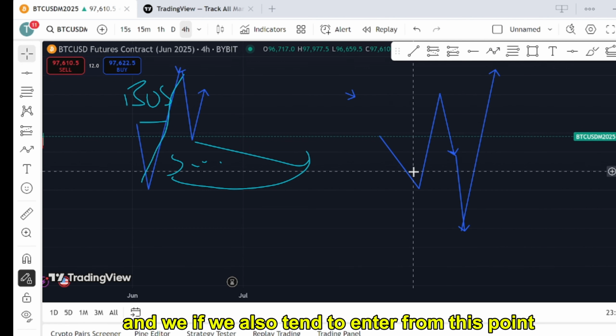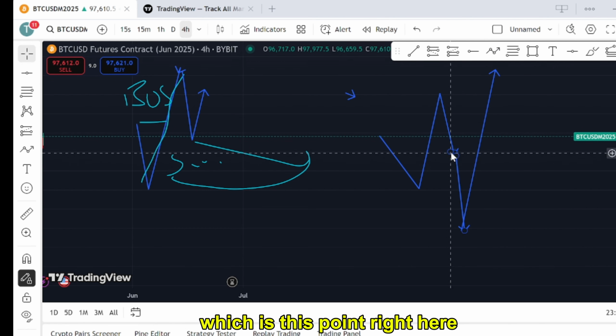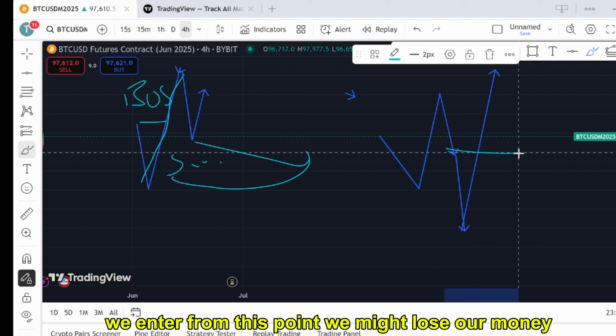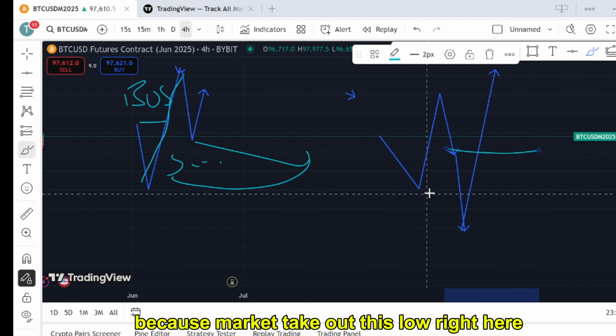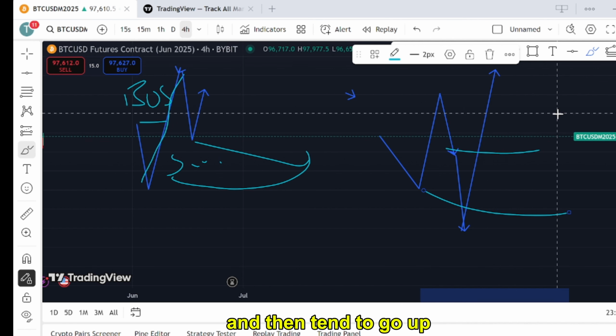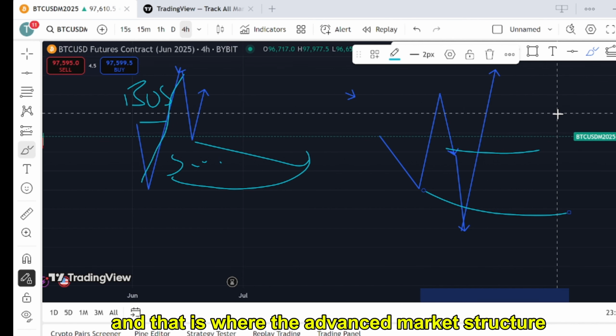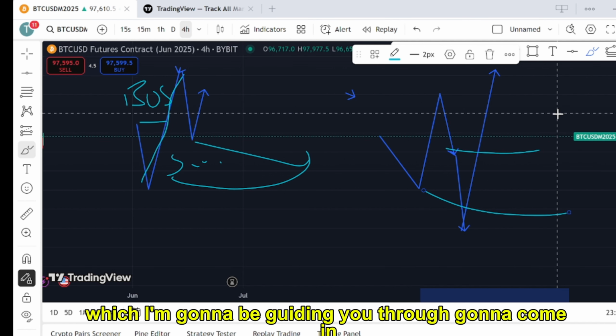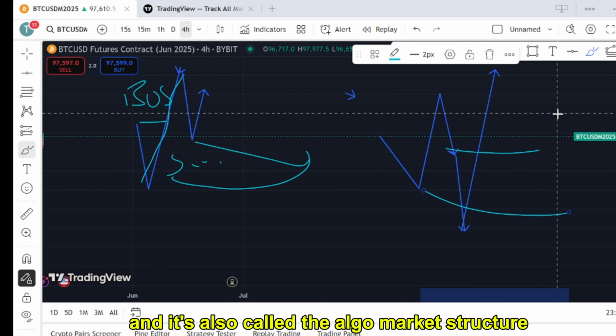If we enter from this point, we might lose our money because the market takes out this low right here and then goes up. That is where the advanced market structure, which I'm going to guide you through, comes in, and it is also called the algo market structure.